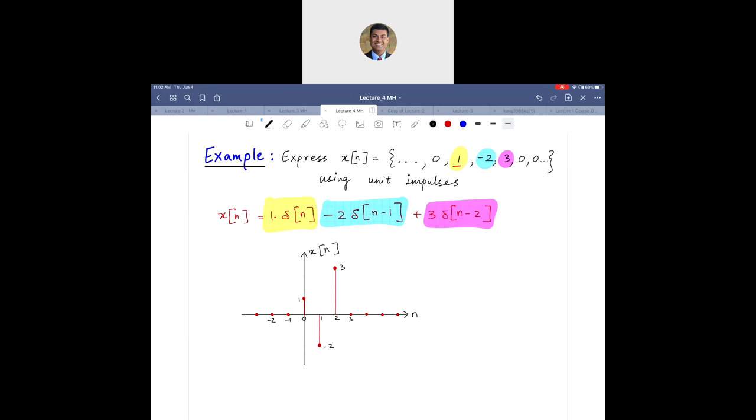You can go as far as to say that you can represent any discrete time signal using unit impulses. All you have to know is their values at those discrete time intervals, 1T, 2T, 3T, and so on, and -1T, -2T, and so on. So it turns out that this Kronecker delta function is very, very crucial.